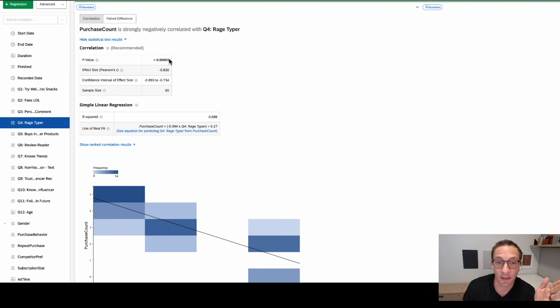This is very significant. There's a very, very low likelihood this is due to chance, right? And then right here is our beta. It's a negative beta this time. So in this case, we'd say that as the amount of rage typing they do goes up by 1 point, we'd expect that the purchase count would go down by 0.994.